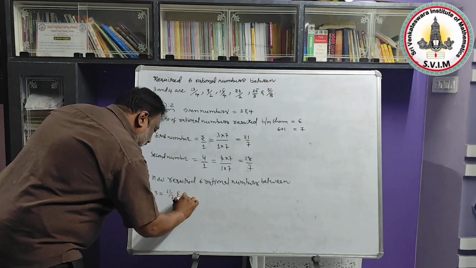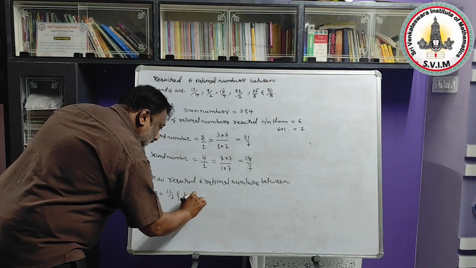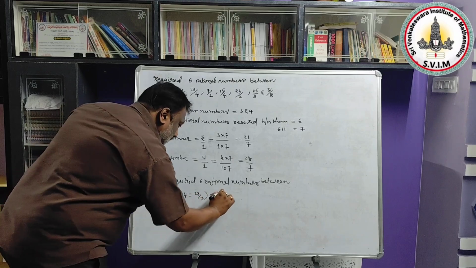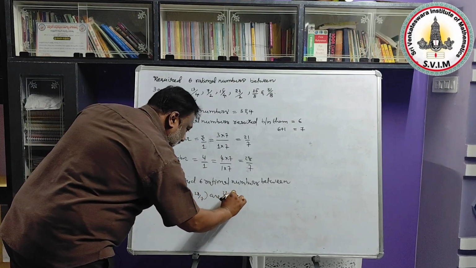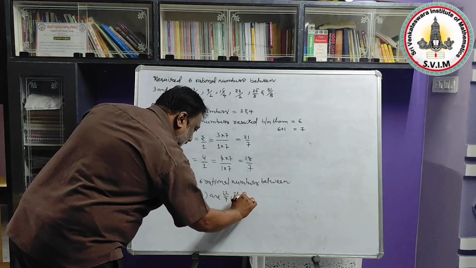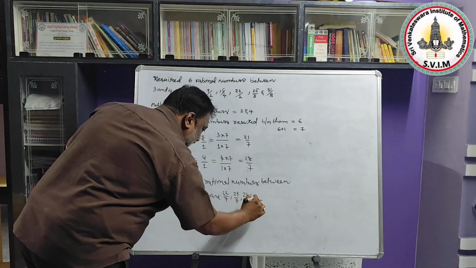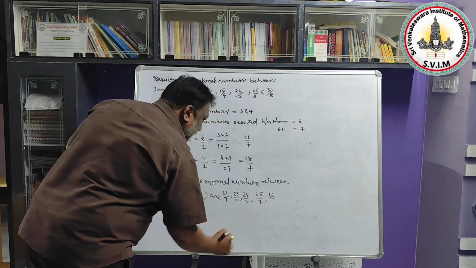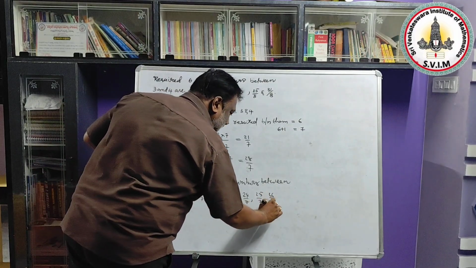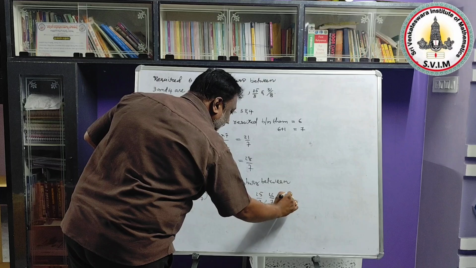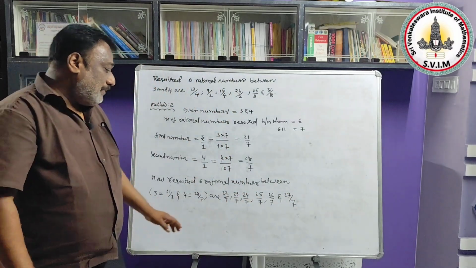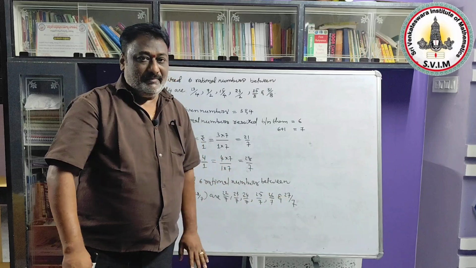And 4, 4 is nothing but what? 28 by 7, are 22 by 7, 23 by 7, 24 by 7, 25 by 7, 26 by 7, and finally 27 by 7. How many rational numbers have been found out by you? 6 rational numbers. That's all.